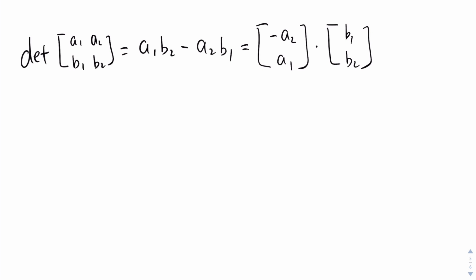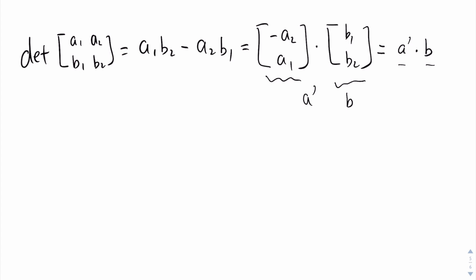Okay, what if the determinant is not 0? What will that number tell you? What is the geometric meaning of that number? So now, let's call this vector A prime, and this vector B. So this can be written as A prime dot B.